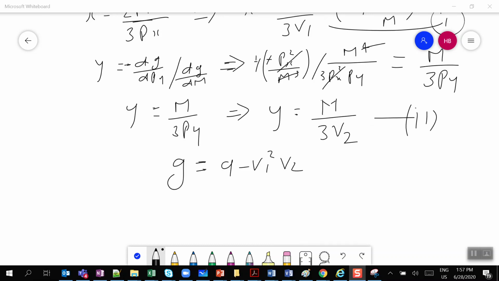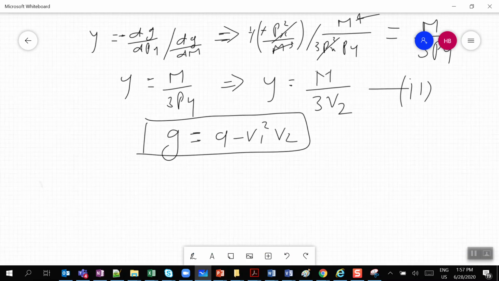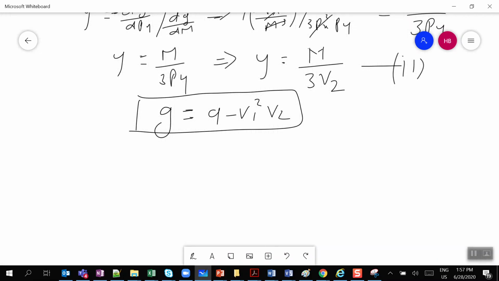So your earlier indirect utility function was g equal to a minus v1 squared v2. What we are going to do is replace v1 and v2 by x and y, and then you will get your direct utility function. So your g, your utility function, is equal to a minus v1 squared v2.